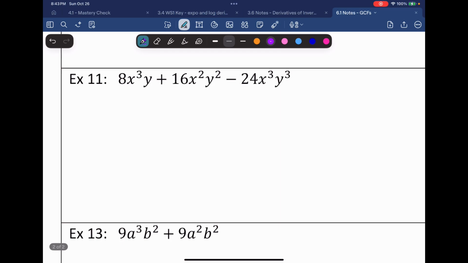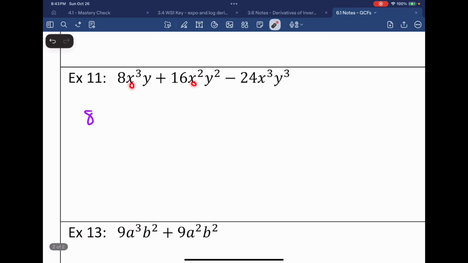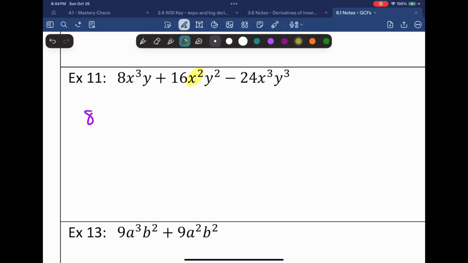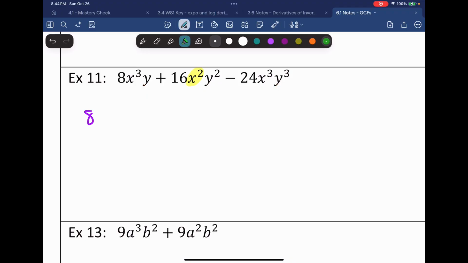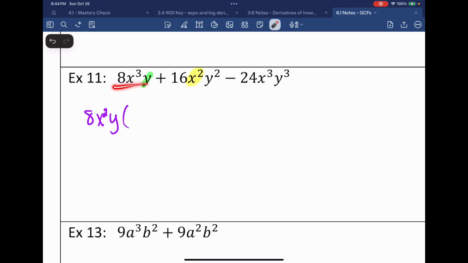8, 16, and 24, so that's 8. And it looks like we have x's and y's, that's fun. Okay, so x's, I've got x cubed, x squared, so x squared. And then for y's, y squared, y cubed, so y. All right, so 8x squared y, 8 goes into itself.